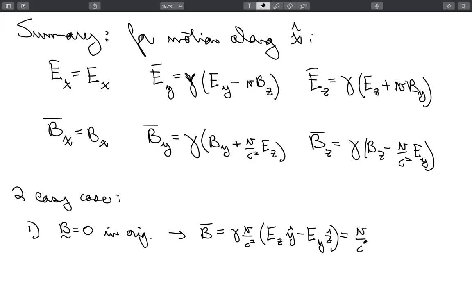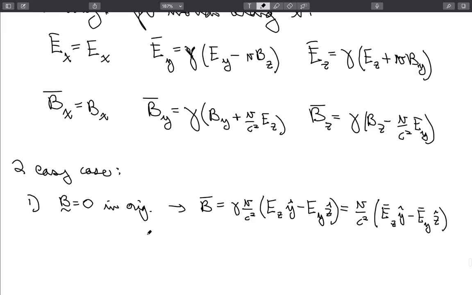So it gives me v over c squared, and rewrite them in terms of the new frame, E bar z y minus E bar y z. Okay? So what this means is that the new magnetic field is minus 1 over c squared v crossed into E bar. Okay, so that gives you a relationship between the electric and magnetic field in the new frame.